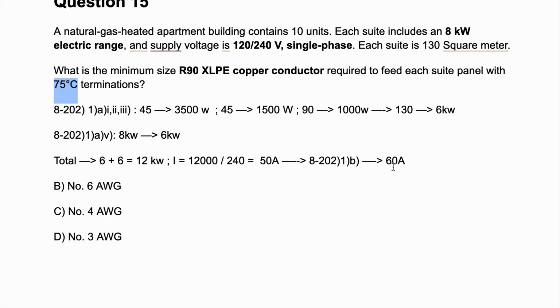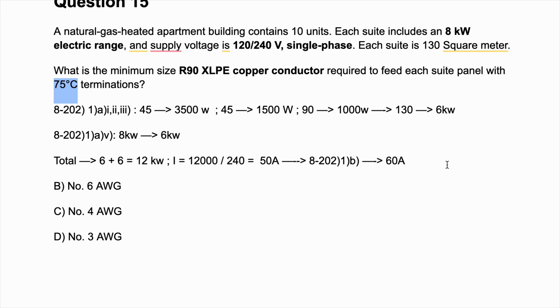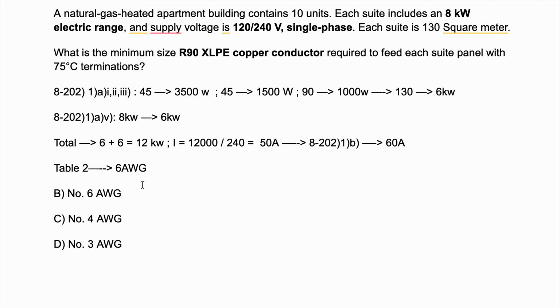It's 60 amps and 75, copper, 75, 60 amps, so the cable size is 6 AWG. So table 2, 6 AWG. Okay, this is the correct answer.